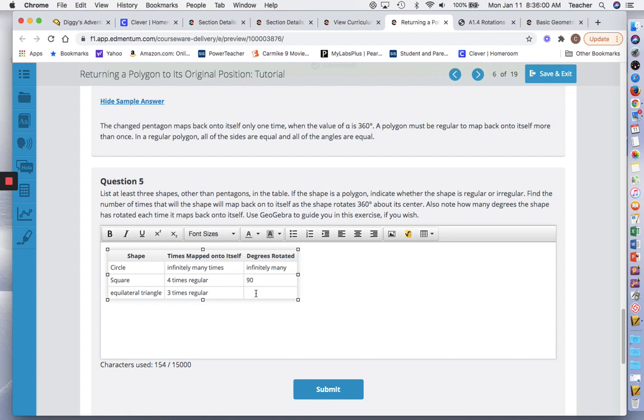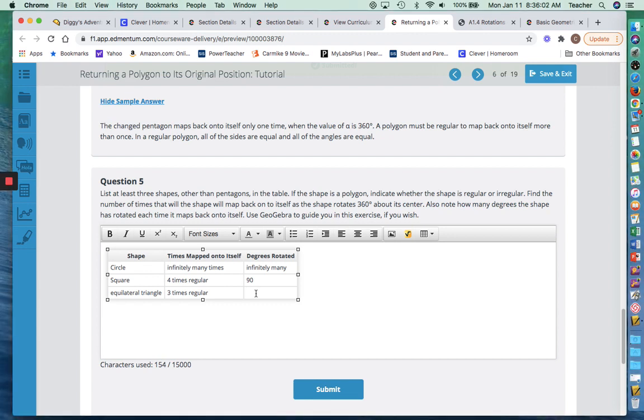Now, I've got 3 sides, so basically 360 divided by 3 is 120. So one angle will be 60. 60 plus 60 is 120. I'm sorry, what was I thinking? 60, 60, 120, and then plus 60 is 180. So 360 divided by 3 is 120 degrees.